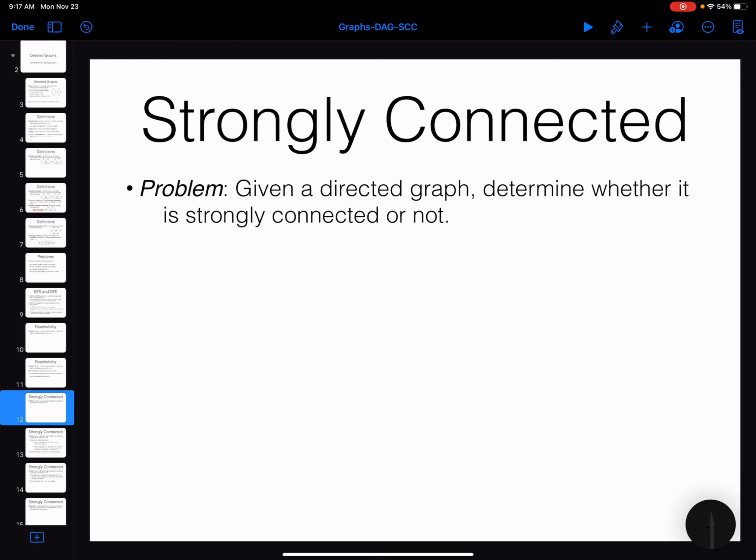Here, I want to check that all the nodes in the graph can reach all other nodes, or all the nodes are reachable from each other. The problem seems much more complicated because you are not focusing on one node, you are checking all the nodes in the graph.